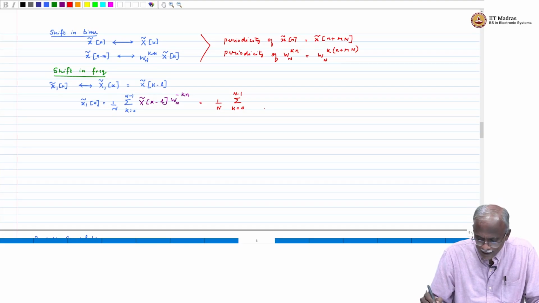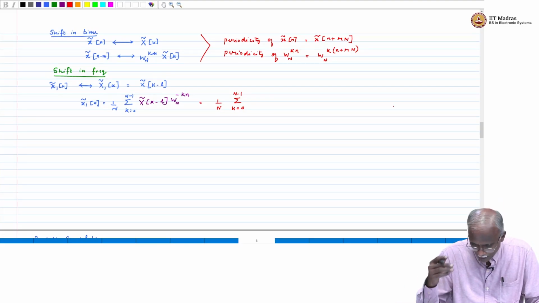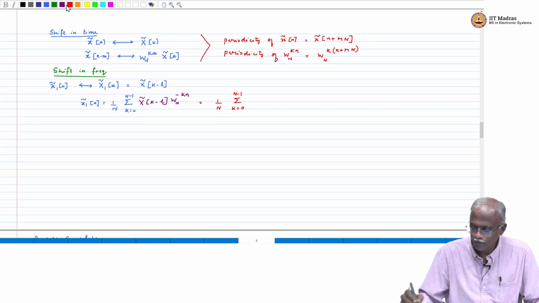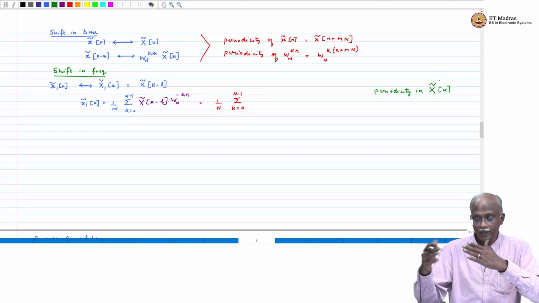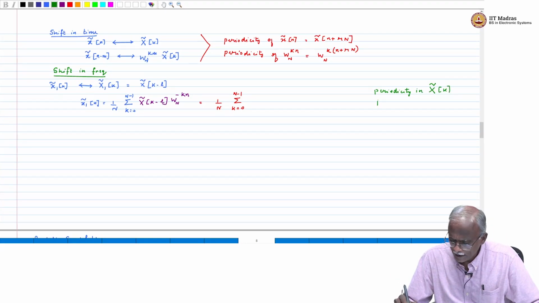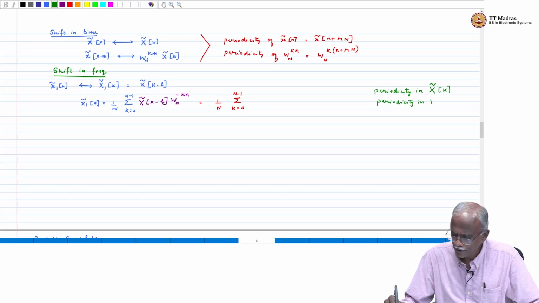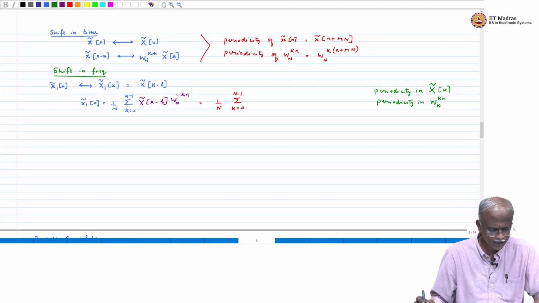Now, we will use similar periodicities, but now we will use the periodicity in uppercase X tilde of k, and we will use the periodicity in W_N^{-kn}, same as what we did last time.